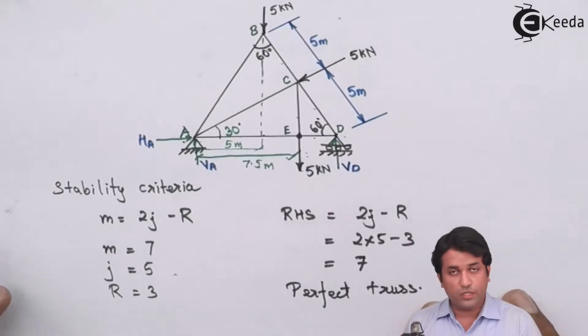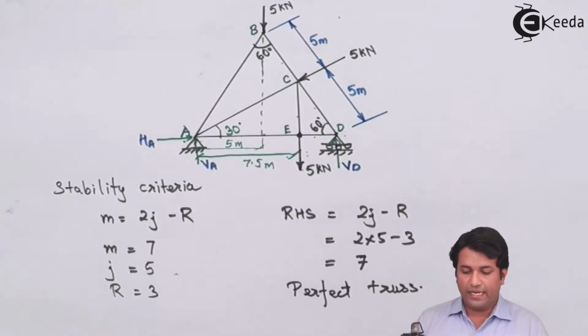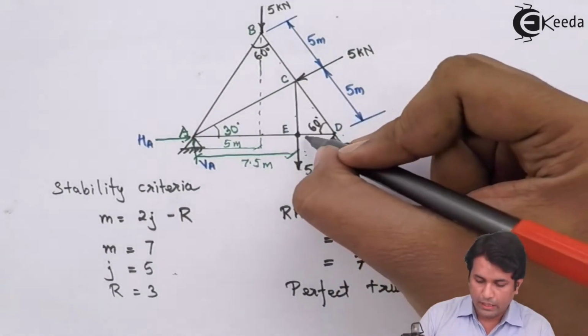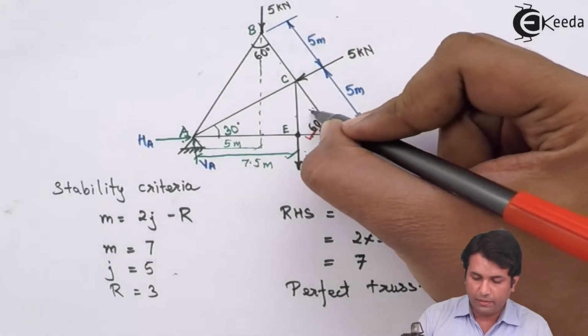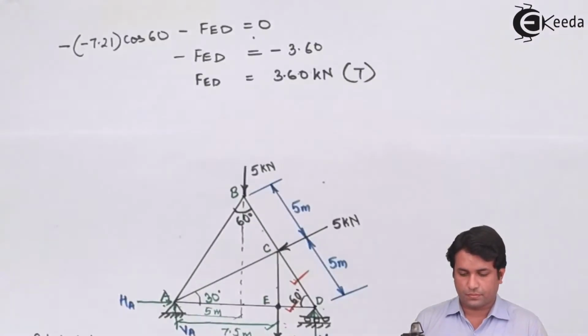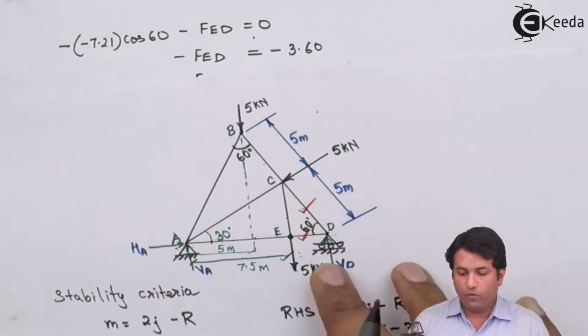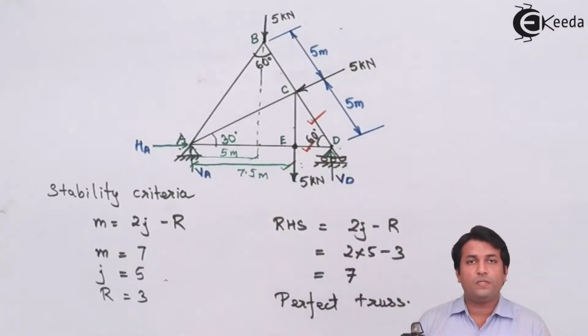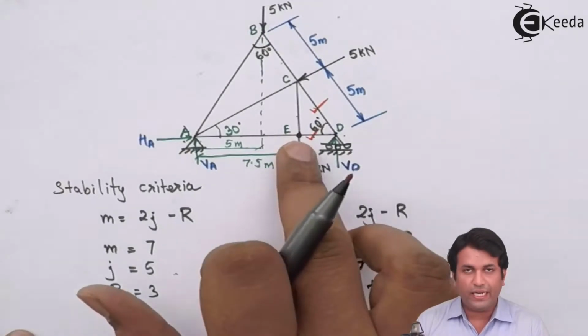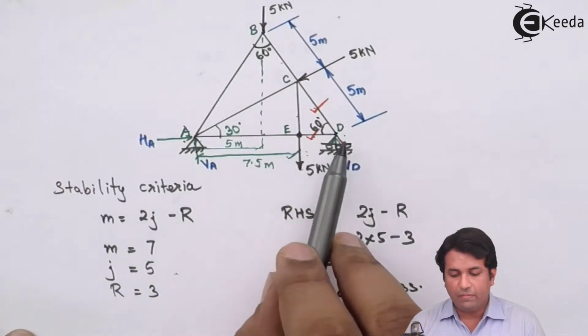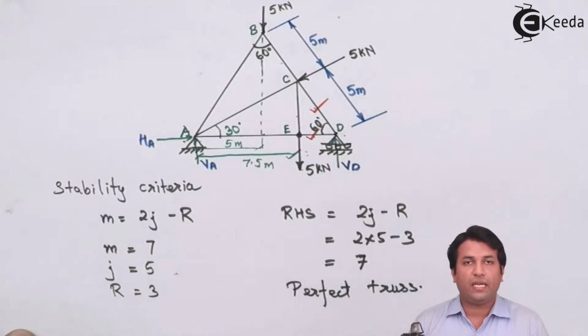Coming back to my original figure, I have already calculated the force in member ED and the force in member CD. Now, by observation we have said that at joint E, the force in member ED will be the same as the force in member AE.